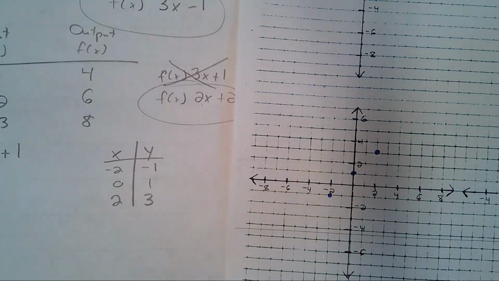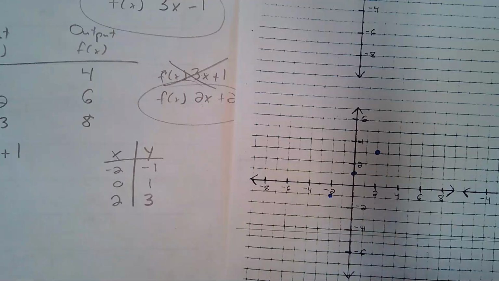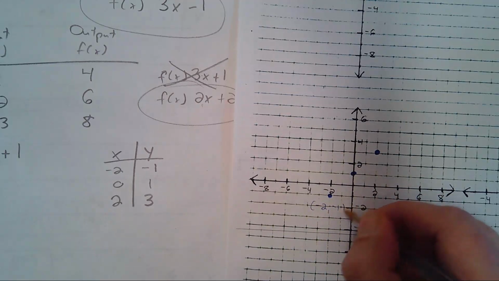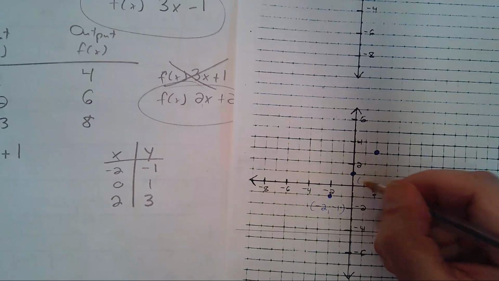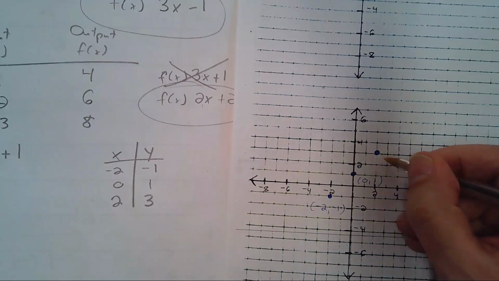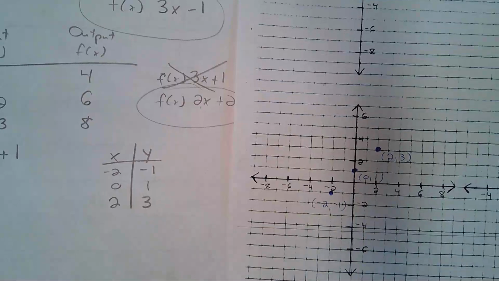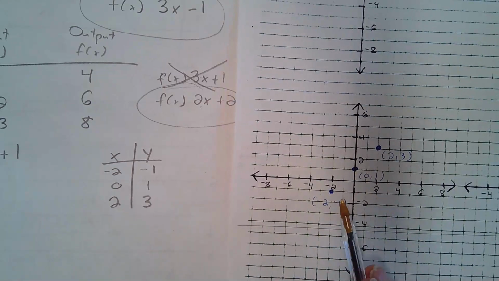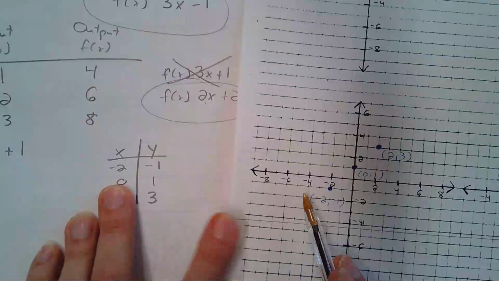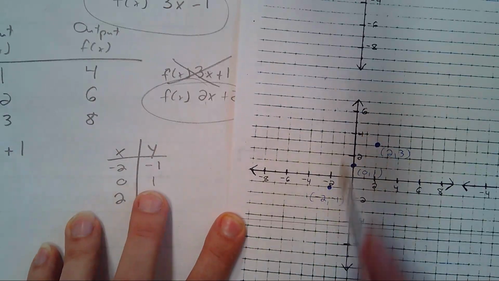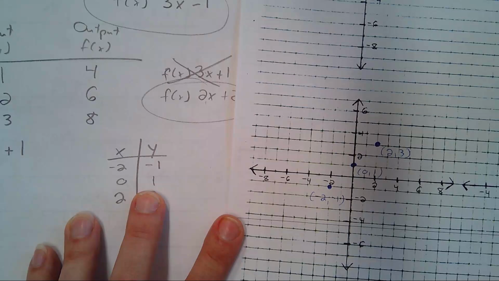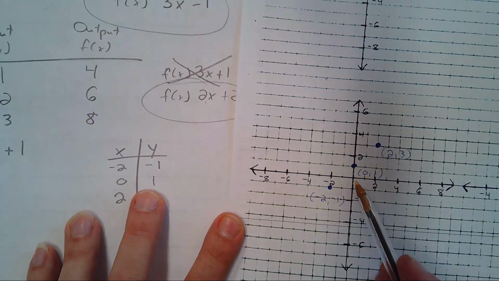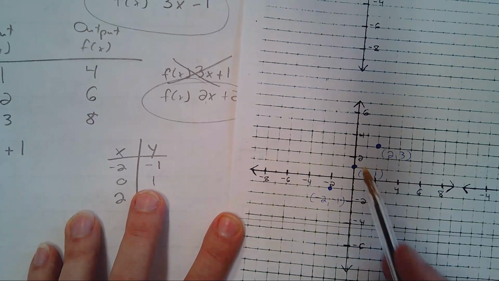So I've just graphed my 3 points. This is negative 2, negative 1. This is 0, 1, and this is point 2, 3 right there. Plot your x-coordinate first. This is your x-axis. So whatever your x value is, negative 2, and then your up and down, that's your y value. And again, negative things are going to be below the origin, positives are going to go up.